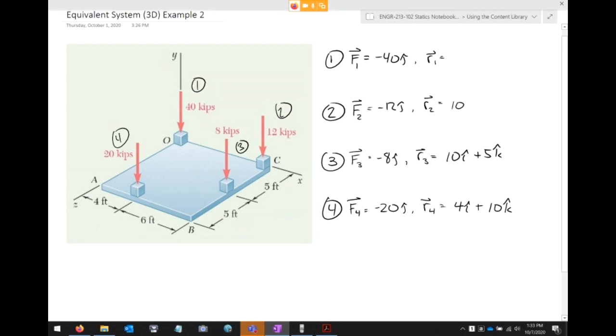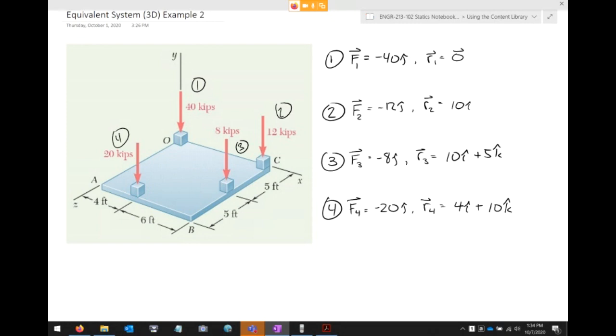Now, here's the kicker. What about R1? There you go. It's a 0 vector. Now, let's talk about that for a second. Let's try and get some understanding. The R1 vector is 0.